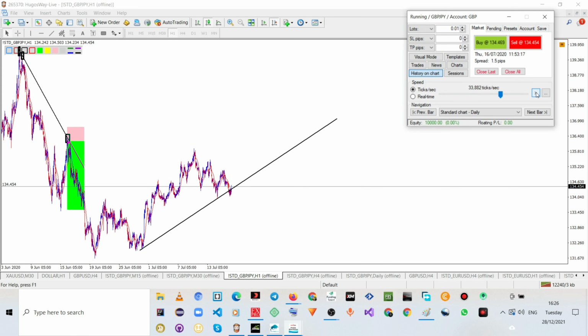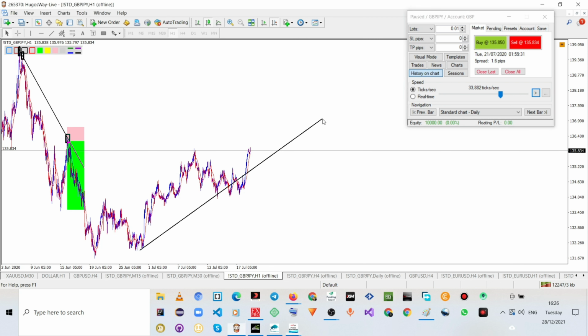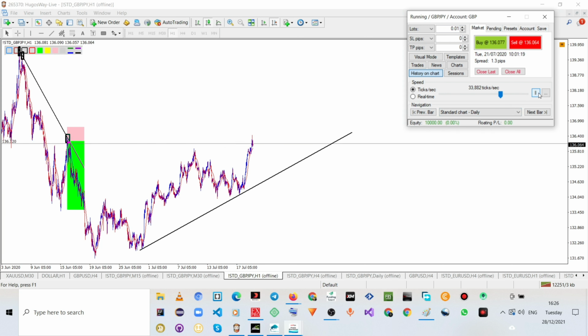So some little speed. I don't want to lose track like I did. The market open just moved our trend line. Let's fix it again, so that we still have our first drive and our second drive.